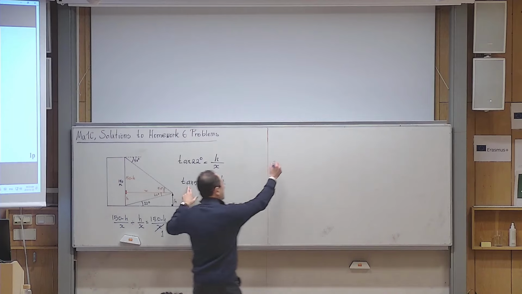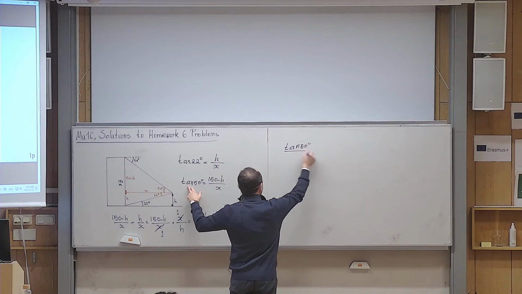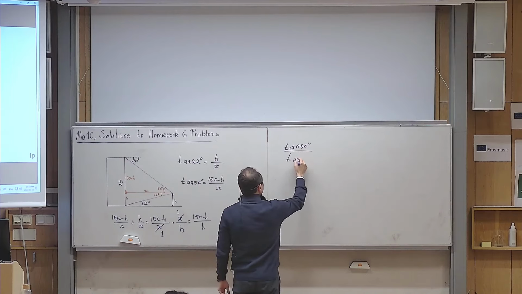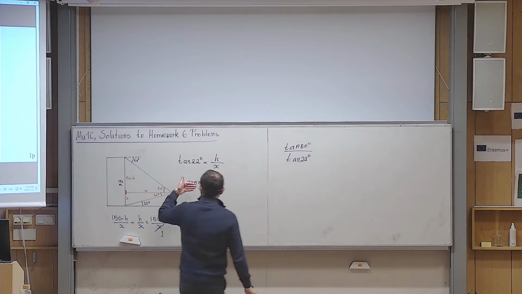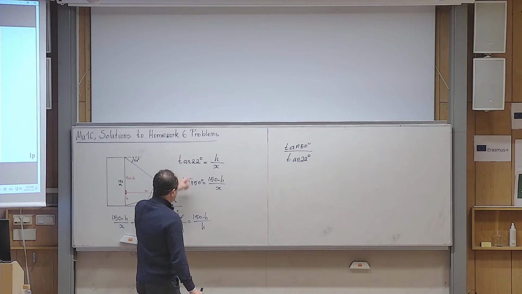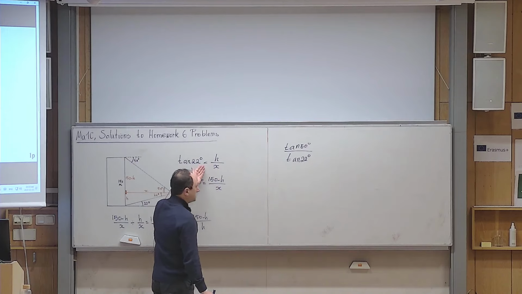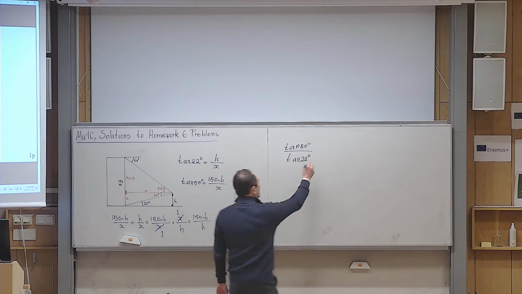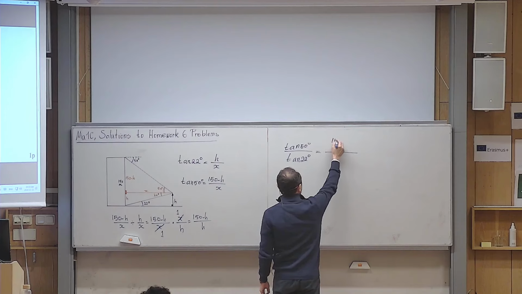So let me divide tangent 50 by tangent 22, and if I divide this by that, because this one is equal to this, and this one is equal to this, I can keep the equality. So it becomes this one divided by that one.